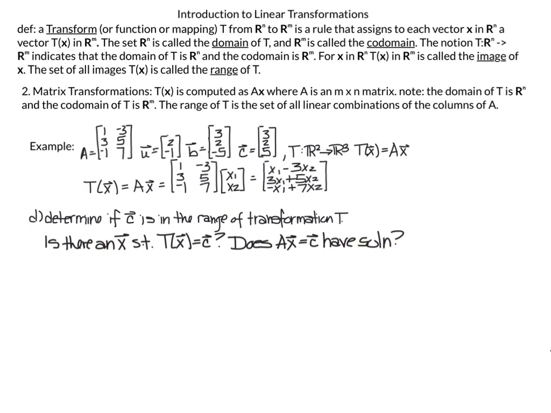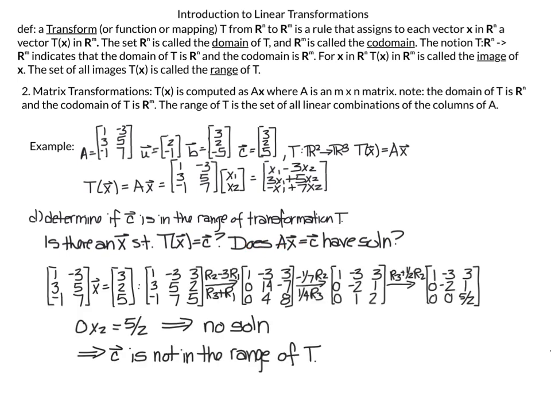Are you going to use the vector form, the matrix form, or view it as a transformation, and how does the vocabulary of transformation translate to these matrix equations and vector equations? So here you're basically answering, does Ax equals c have a solution? From there you come up with your matrix equation, Ax equals c.